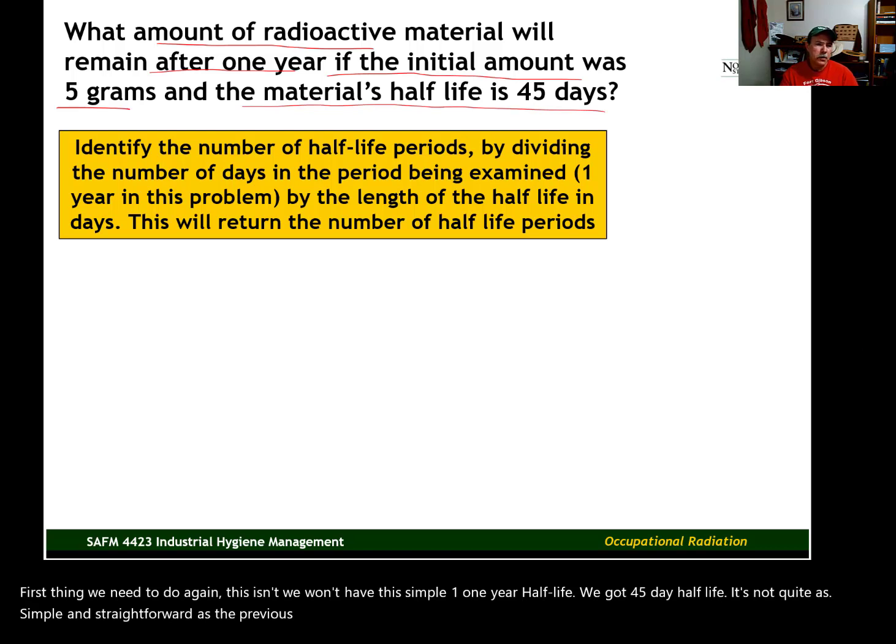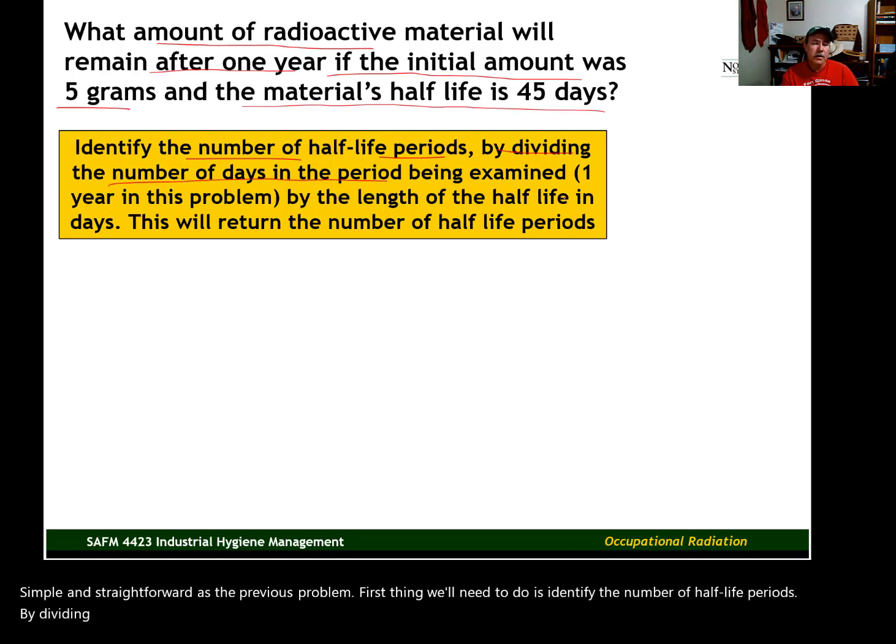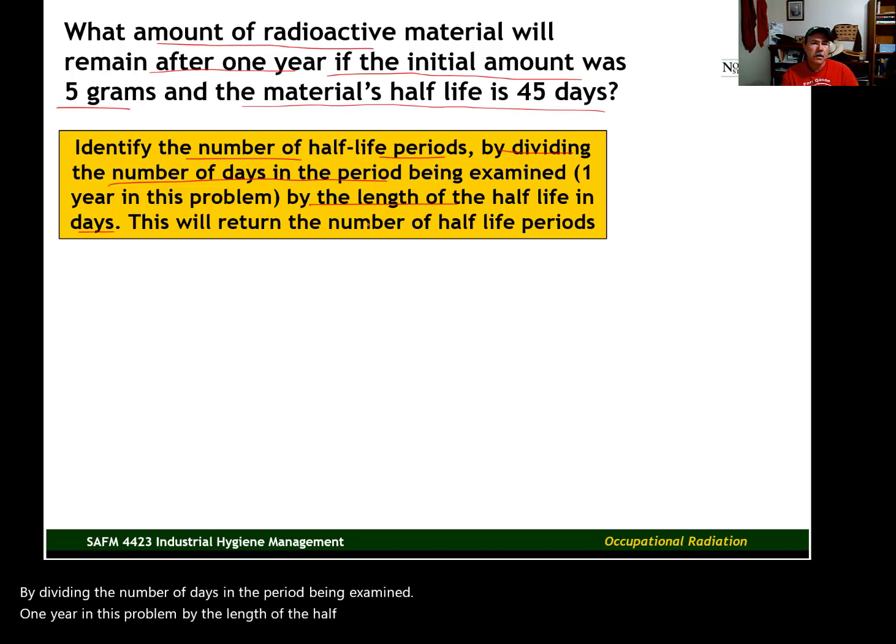First thing we'll need to do is identify the number of half-life periods by dividing the number of days in the period being examined, 1 year in this problem, by the length of the half-life in days. We've got 1 year. That's our focus.